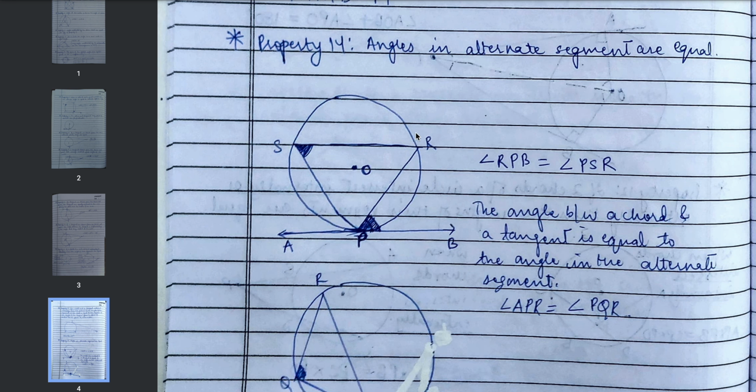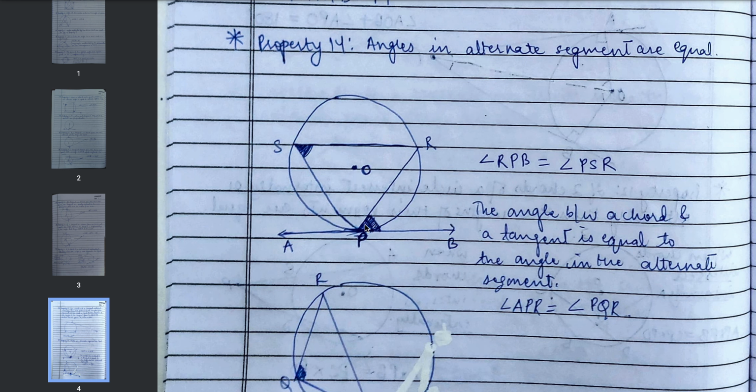Now the angle that this chord PR is making with the tangent PB will be equal to the angle in the alternate segment.